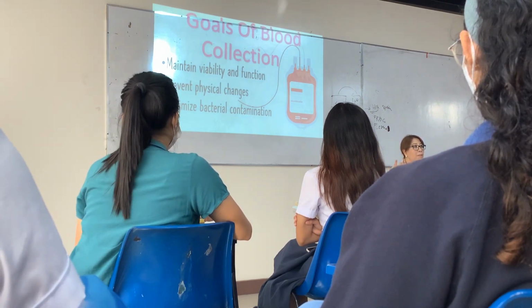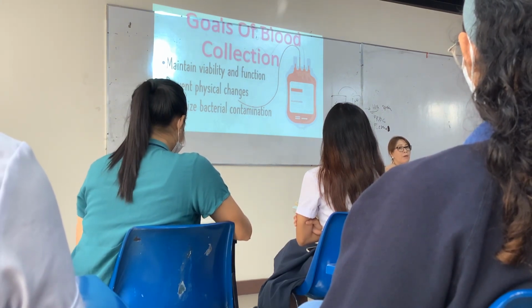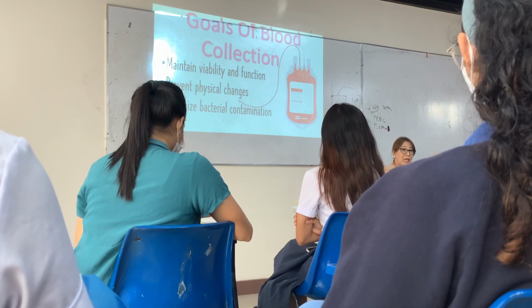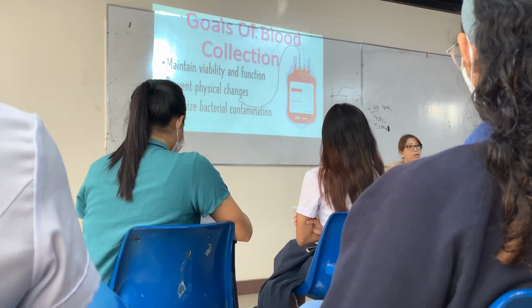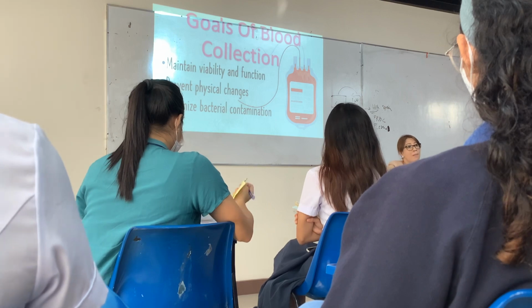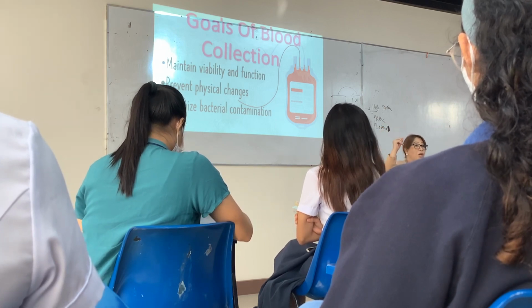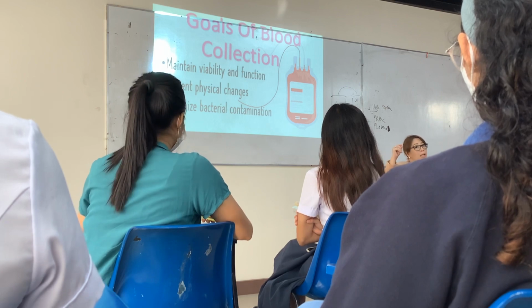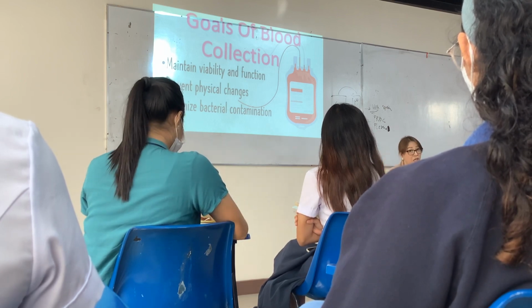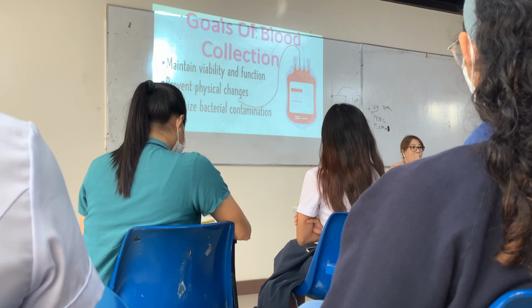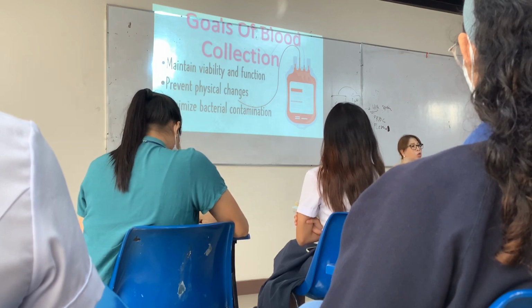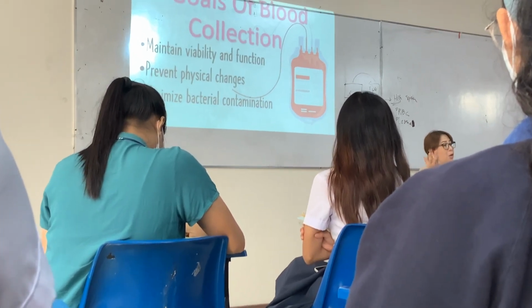So, hindi natin masasabi na the quality of blood coming from the donor will have the same 100% quality with that of those na nasa blood bank. Meron talaga somehow. Nag-deteriorate na siya naman. But what we wanted is to minimize the further physical changes. Okay? That's why, to make sure na mangyari yan, then we have to what?